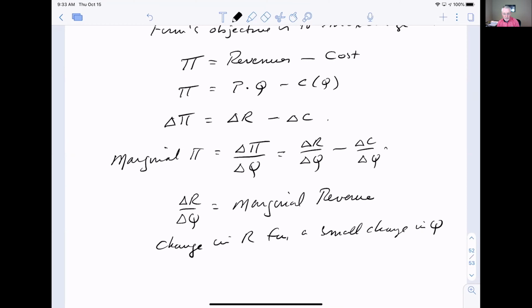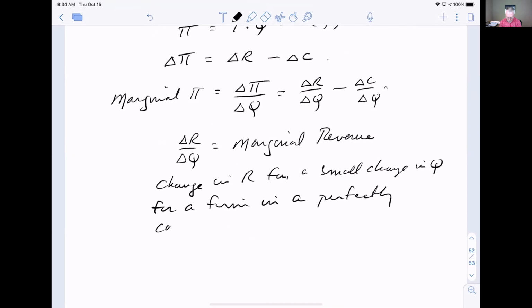And, depending on what type of market you're in, it could be either positive or negative, but for a firm in a perfectly competitive market, marginal revenue is simply the market price.